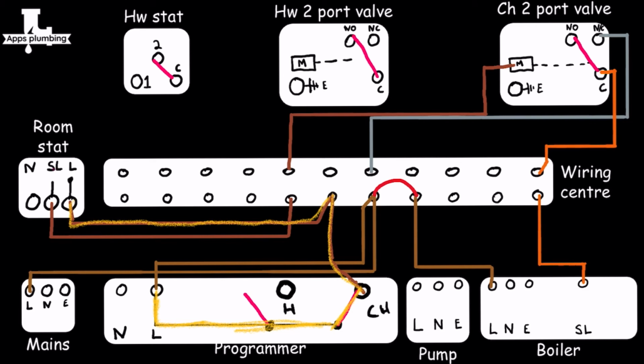That micro switch will then flick across if it's calling for heat, which then allows electric to go through to our motor here. Our motor then turns this little micro switch, which then moves across.